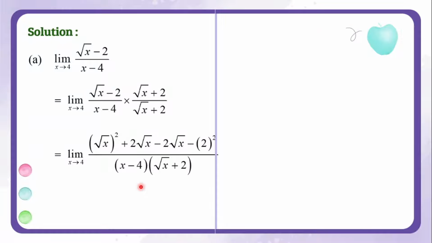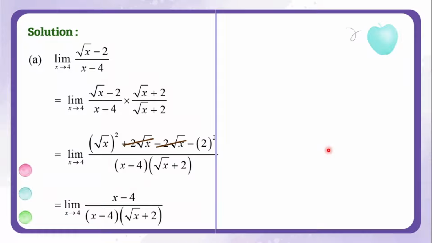For the denominator, just leave it like this, no need to expand, because it has two different types of expression, where one has no surd and another one has a surd. From this also, we notice that we can cancel 2√x minus 2√x.